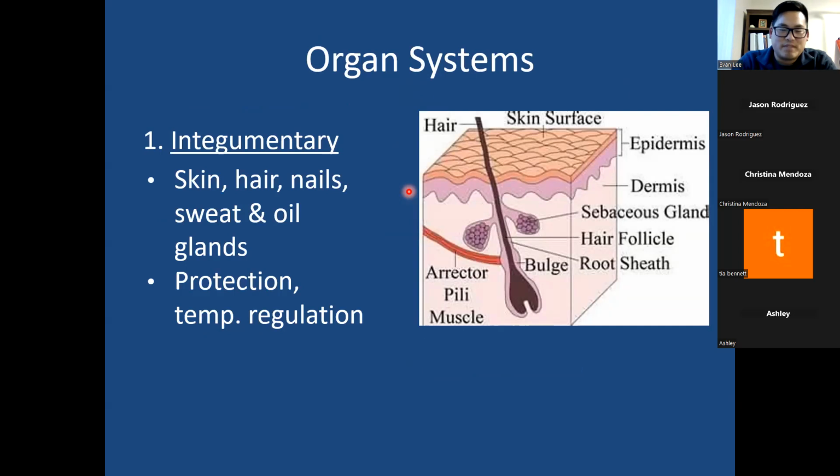Skin isn't just a covering. It has blood vessels, it has muscles even, it has glands, it has hairs, it has organization. So the integumentary system is going to be quite important to the body. Hopefully I don't sound like too much of a broken record, but all of them are going to be important.